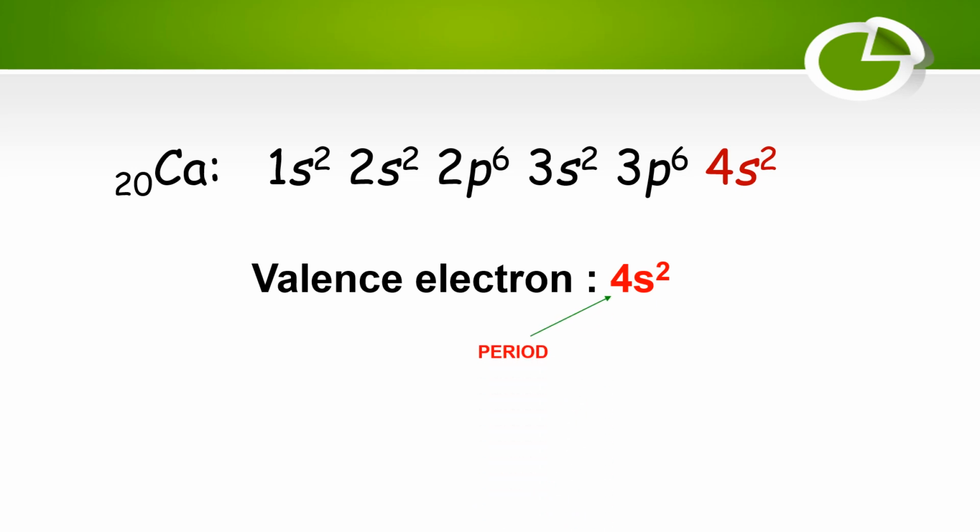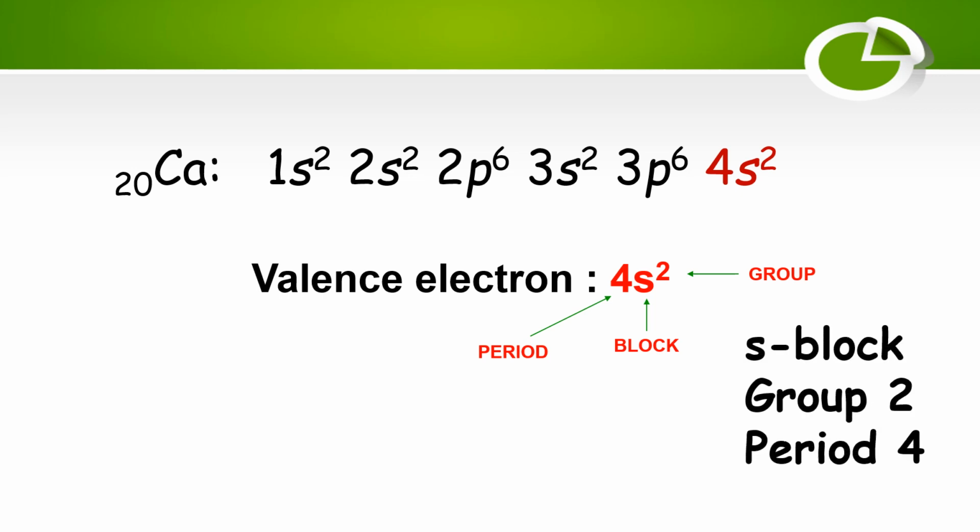So from here we know that the period will be period number 4. Calcium is in the S block, and the valence electrons equal to 2 indicate the group number. Therefore, calcium in the periodic table is located at the S block, group number 2, period number 4.